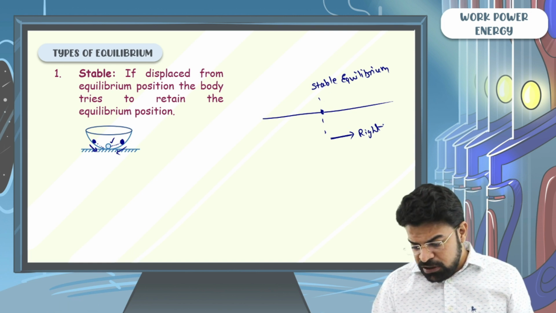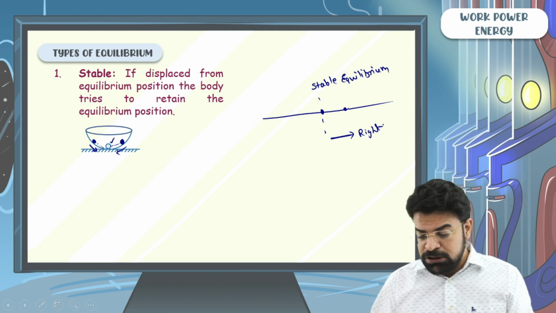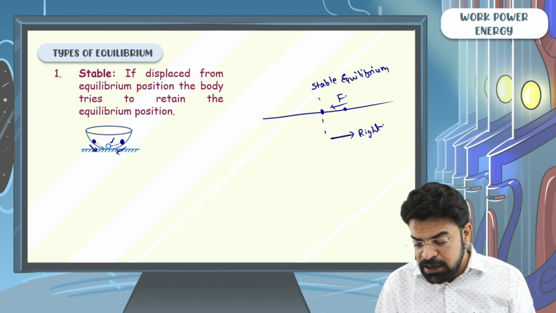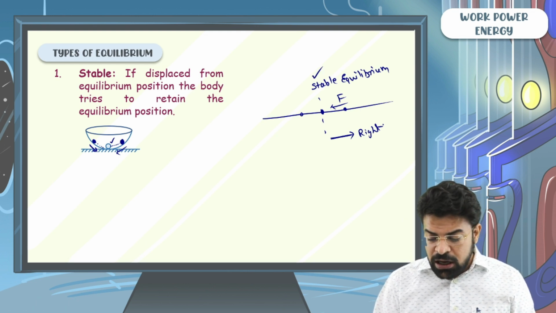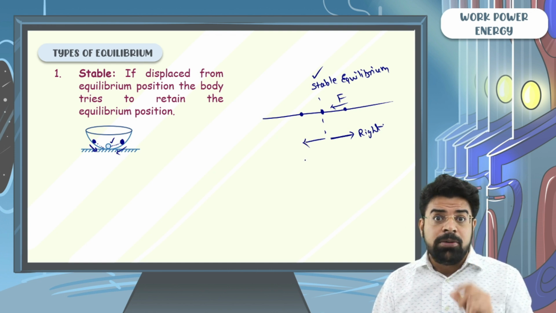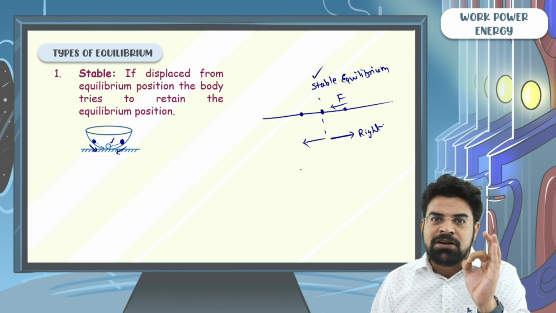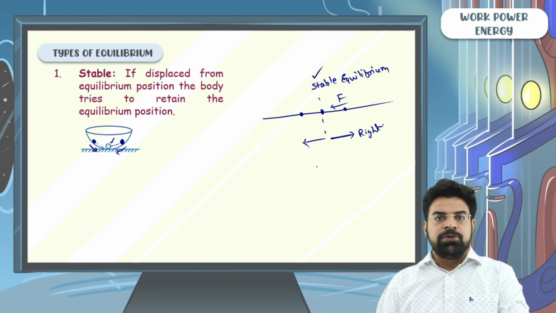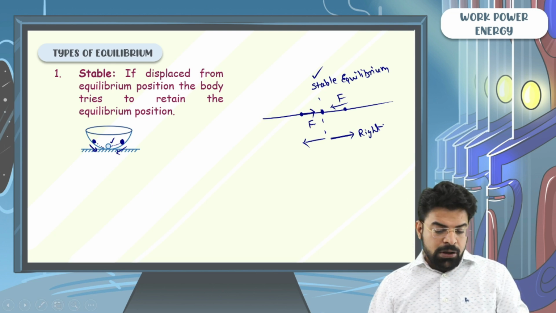So sir, if you displace this particle a little bit towards right and it tries to re-attain the original equilibrium position, then the force on the particle has to be towards left. And if you displace it a little bit towards left, and this is a stable equilibrium position, then the particle will try to re-attain the original equilibrium position. Hence, the force on the particle will be towards right.